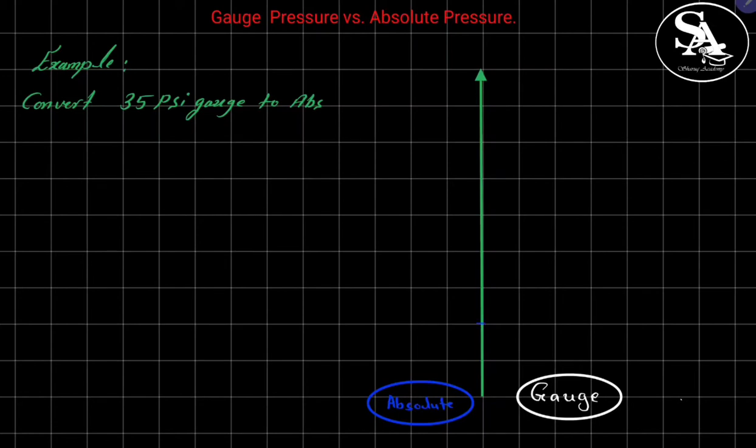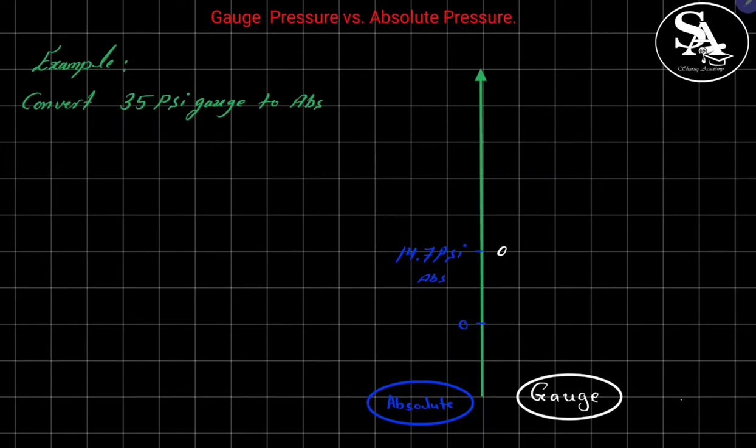When our absolute starts from 0 here, and when our absolute is 14.7 psi, that means our gauge pressure will be 0. Don't forget to write 14.7 psi ABS so that it doesn't confuse you.